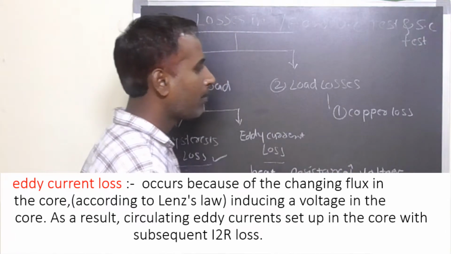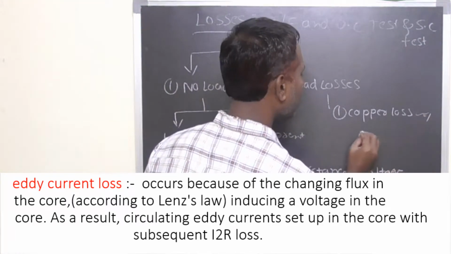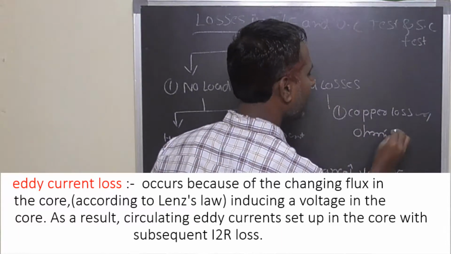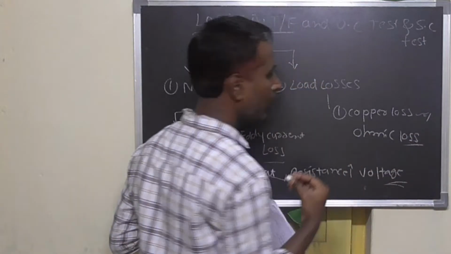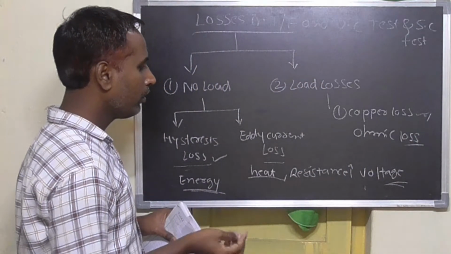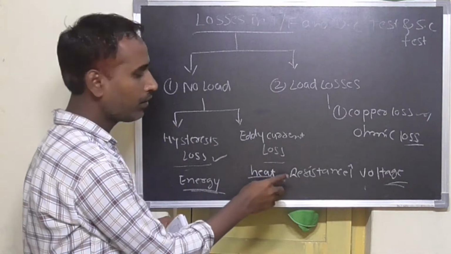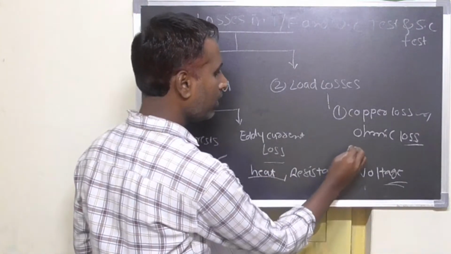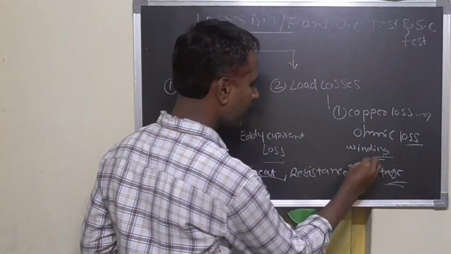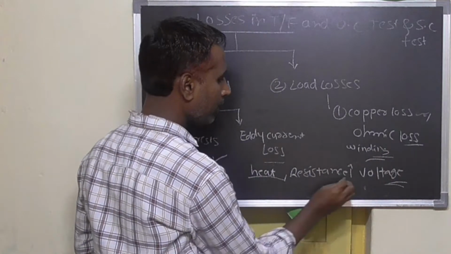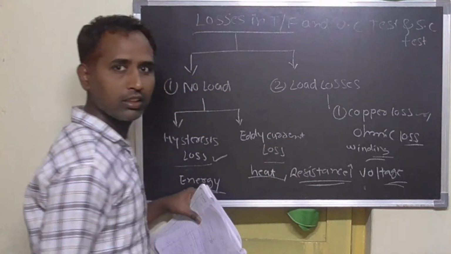Copper loss is an ohmic loss; another name is ohmic loss. Due to the eddy current the winding becomes heated, and this is a resistance loss.